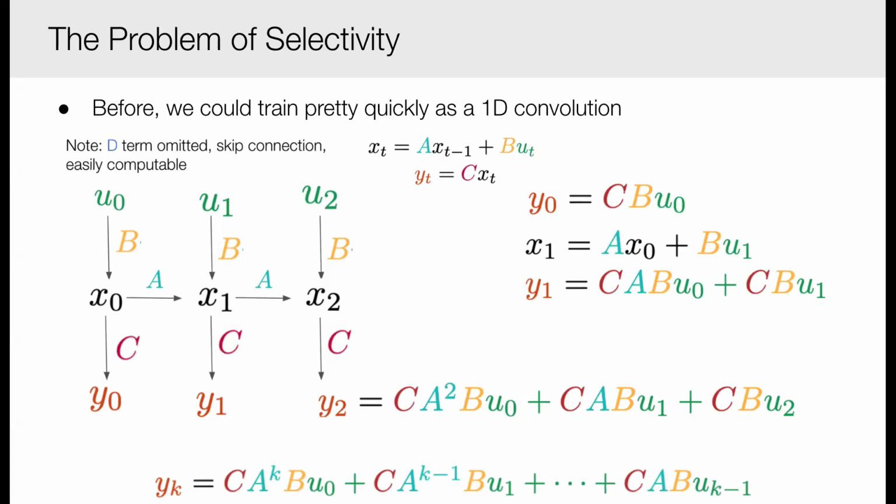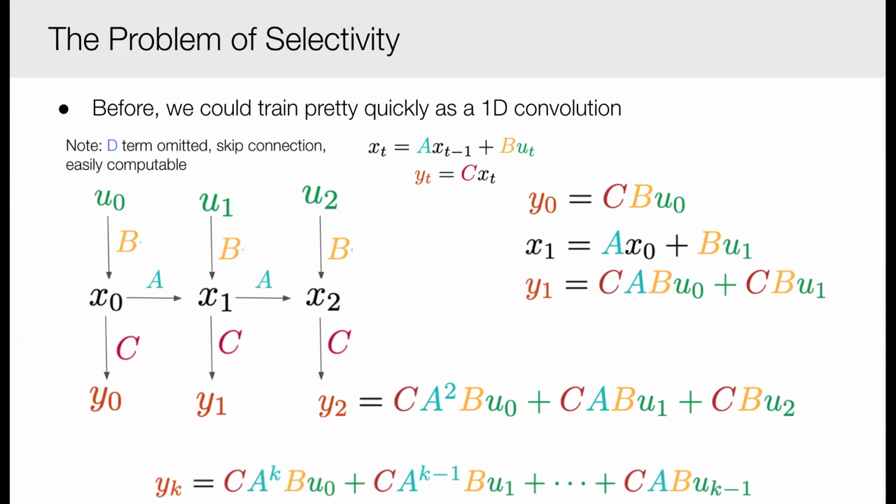So the problem with selectivity: if you remember from our previous lecture, we originally had this idea of taking an RNN-focused SSM and turning it into a CNN, in the sense that you can write it as a one-dimensional convolution and compute from there.